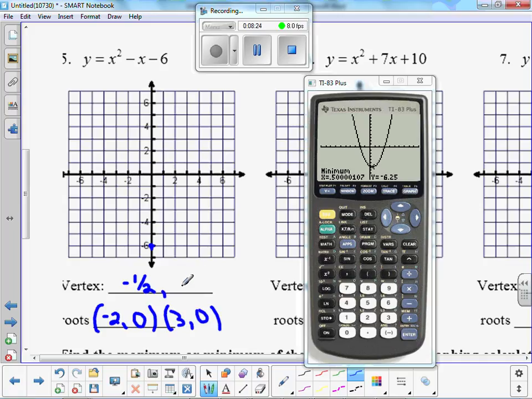And y is negative 6 1/4. So you know 0.25 is 1/4. And you know in the calculator you can change decimals to fractions, and I'll show you that in another recording.